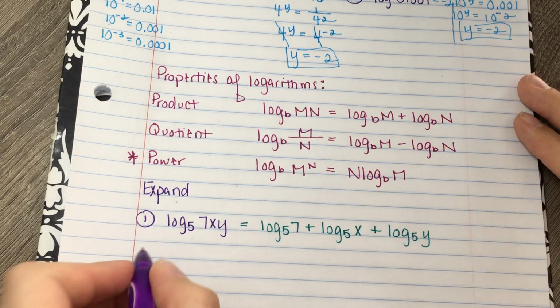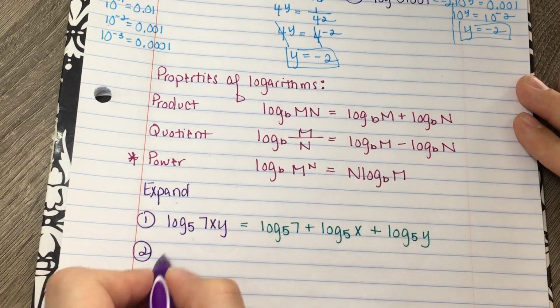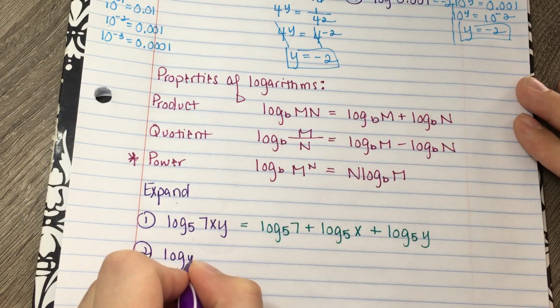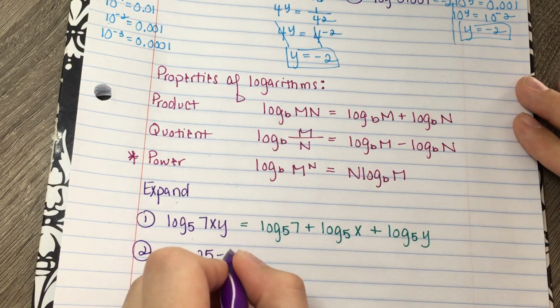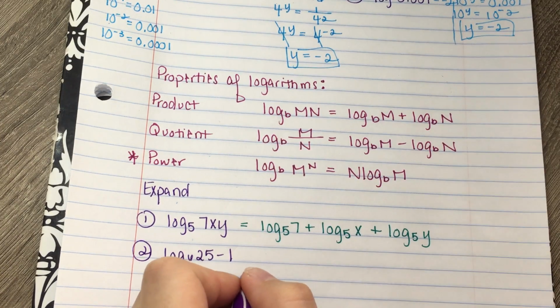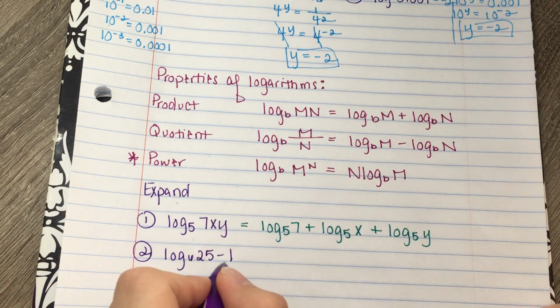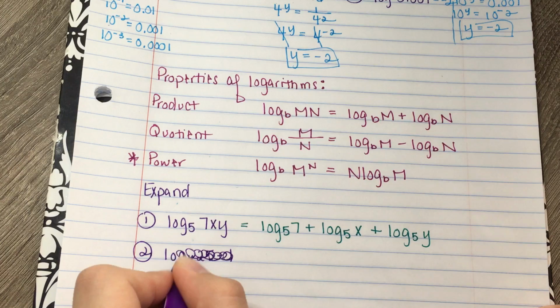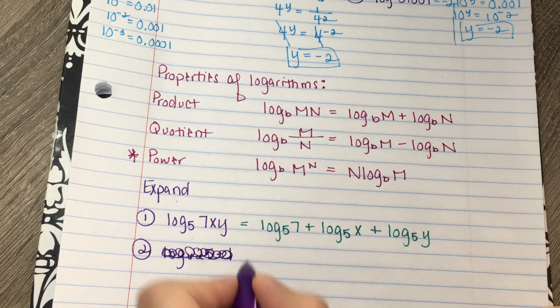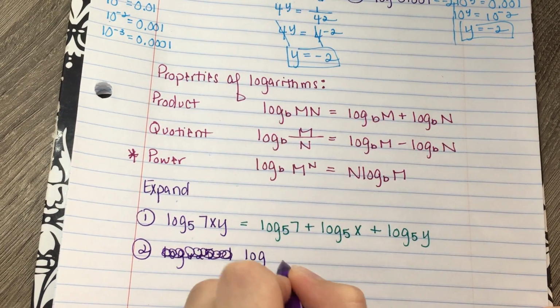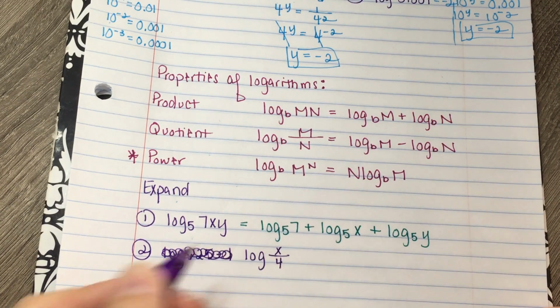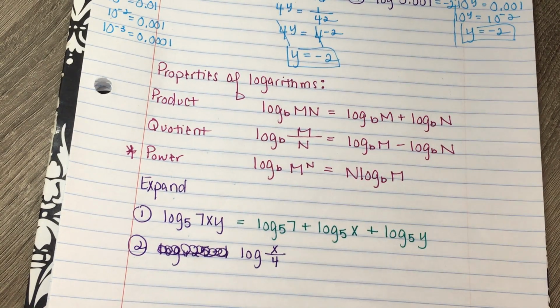You guessed it, now you're going to see an example of your quotient property. Let's say we have log base 6 of 25 minus log, oh no, I wrote the wrong problem, and I don't have whiteout. Okay, here we are. That's all right. My notes just won't be very, very beautiful, but that's okay. Here we are, log of x over 4.